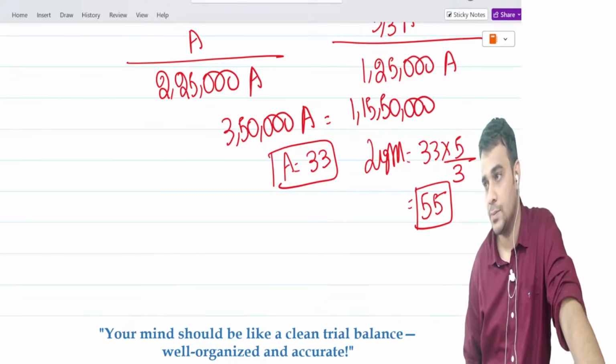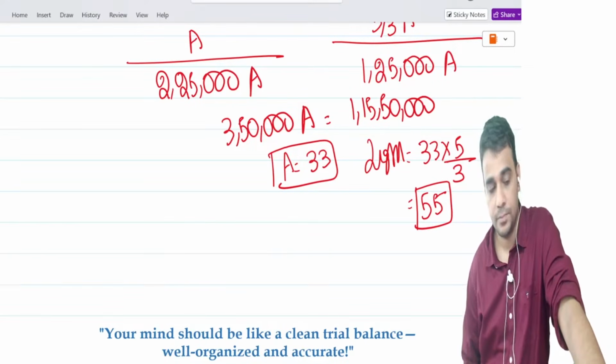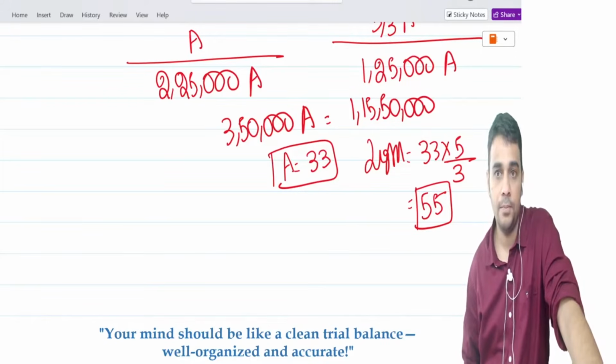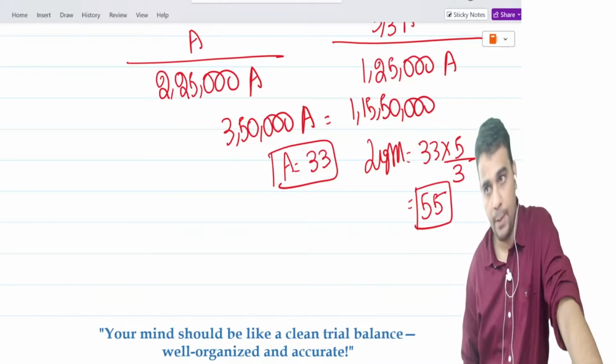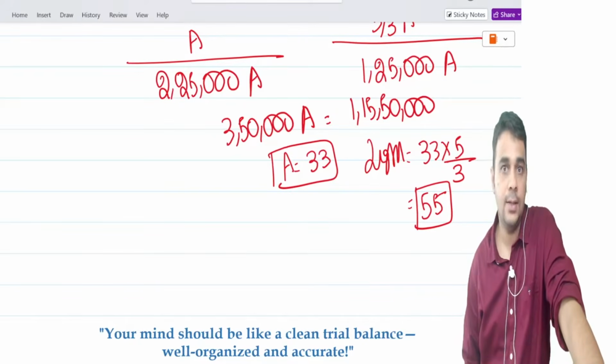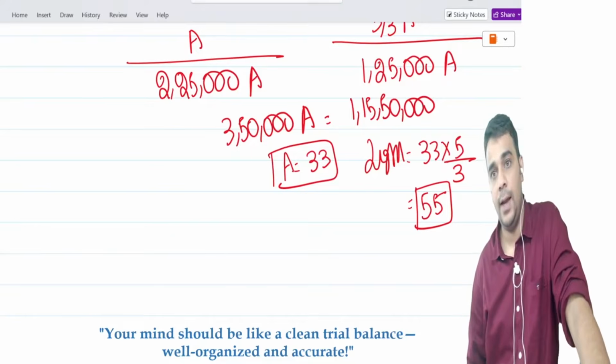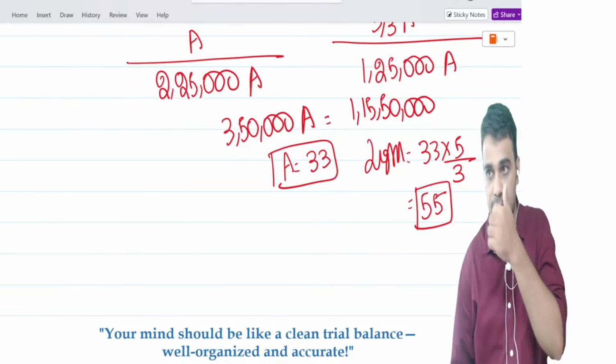Any doubts on this? Clear? Can you proceed? Earlier, 55 was A and double of that was 110. Here 33 is A, and the lightning is 5 by 3 of that. Any doubts on this? Can we proceed?